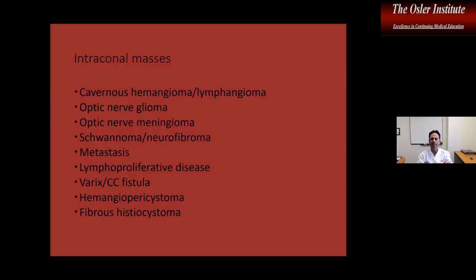So we didn't have imaging of lymphangioma in this imaging lecture actually, but it's very different from an adult cavernous hemangioma. Optic nerve glioma, if you remember, there's a childhood form which is more benign, and an adult form which is very aggressive. This is more fusiform, sort of roundish enlargement.